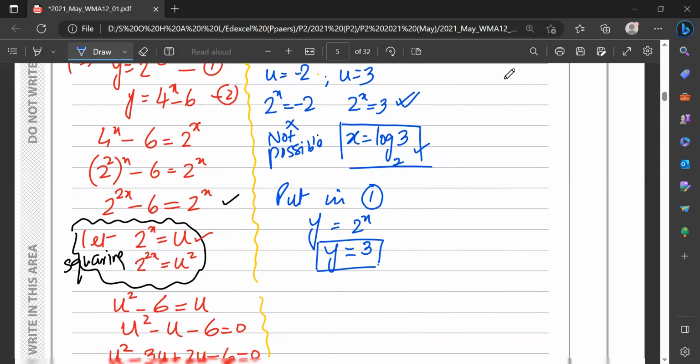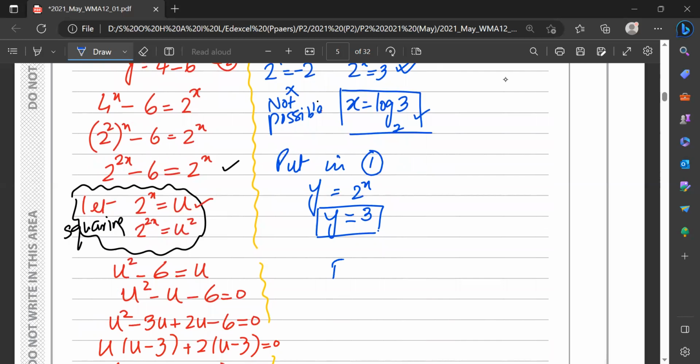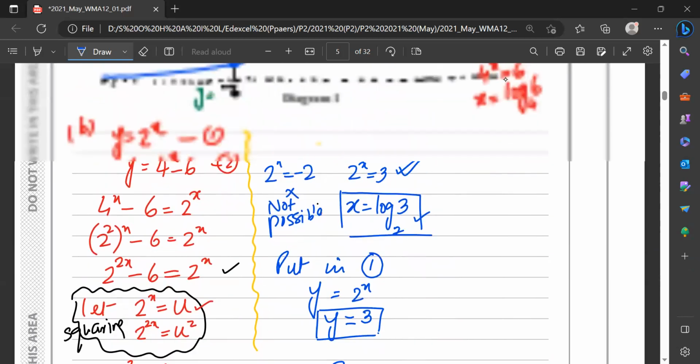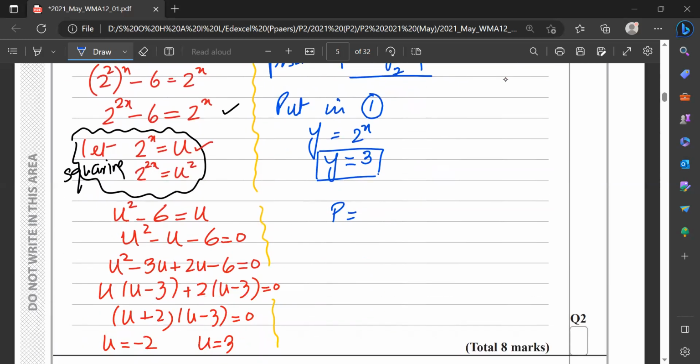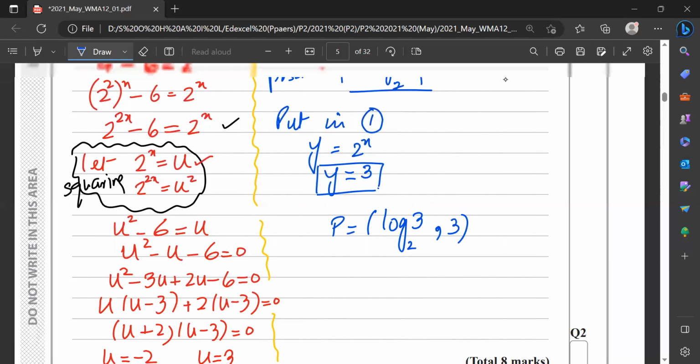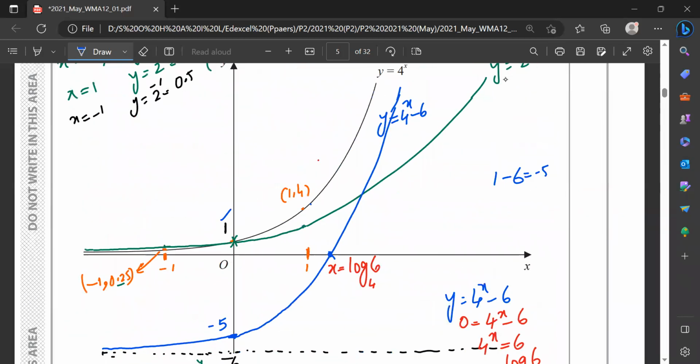So finally, P has the coordinates, the point of intersection of these two graphs. The point of intersection of these two graphs is P equal to log 3 to the base 2, the x coordinate, and 3. This point is the point of intersection of the graphs.